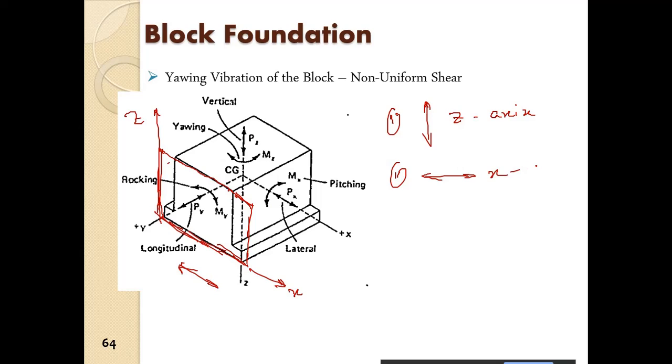And number three is the rocking motion about the y-axis. The y-axis is a point on this plane, so the rocking motion is about that point. That is what we are going to consider simultaneously.